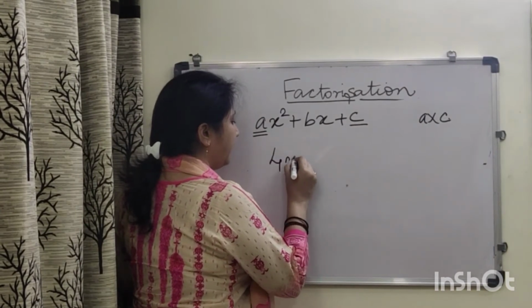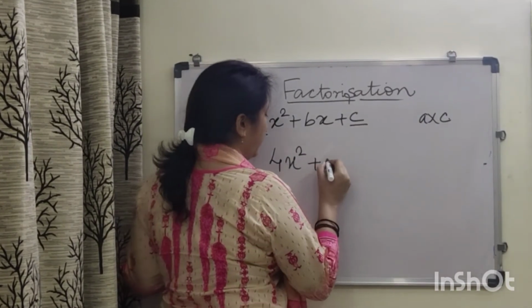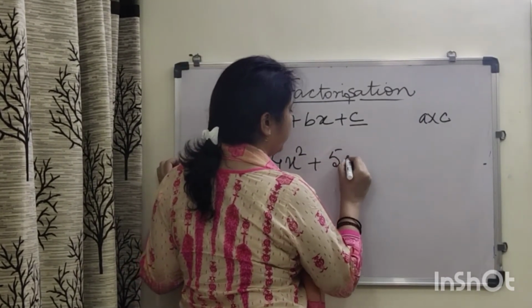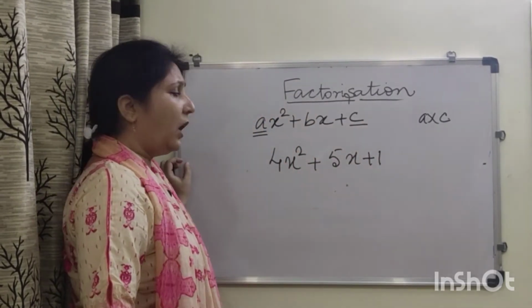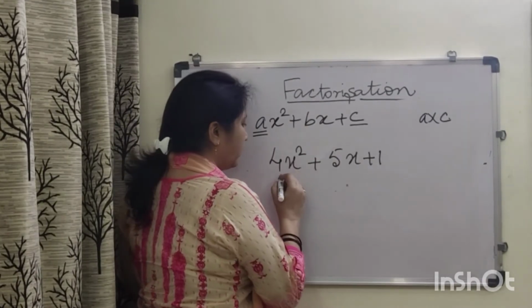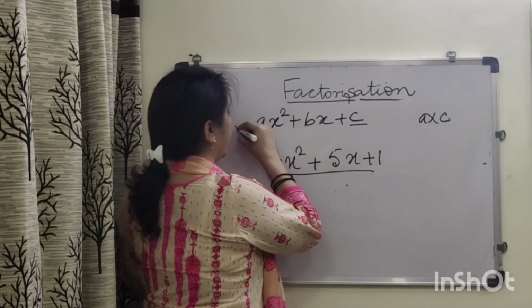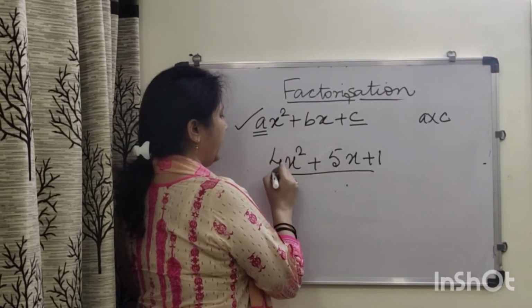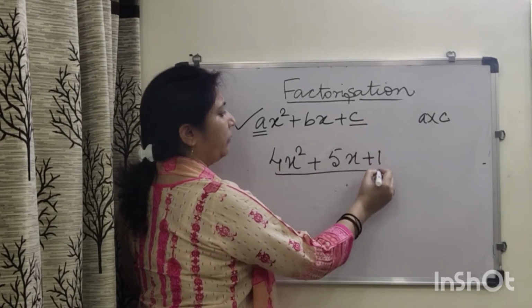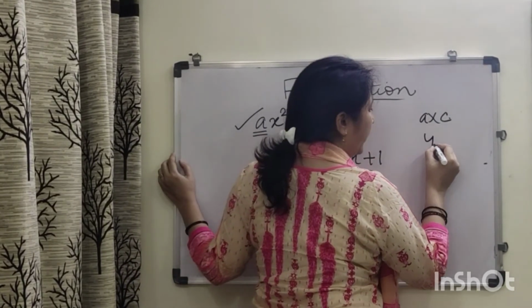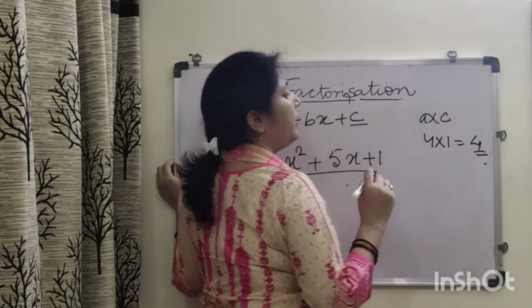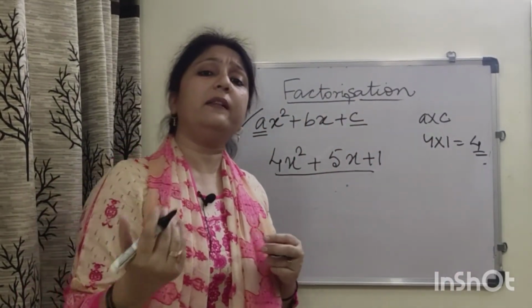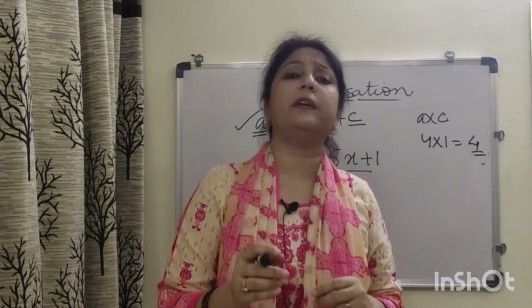For example, say I give you the question 4x square plus 5x plus 1. Now, if you compare this expression with this one, your a is 4, your c is 1. So 4 into 1 is 4. Now you get the factors of 4 in such a way that their sum or difference is 5.